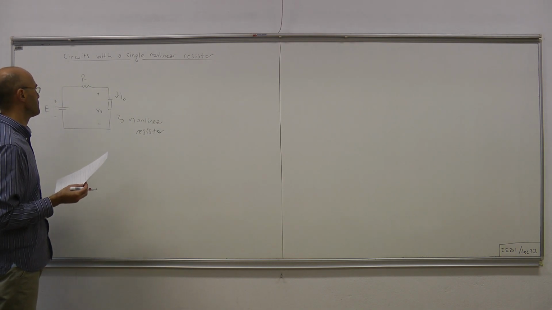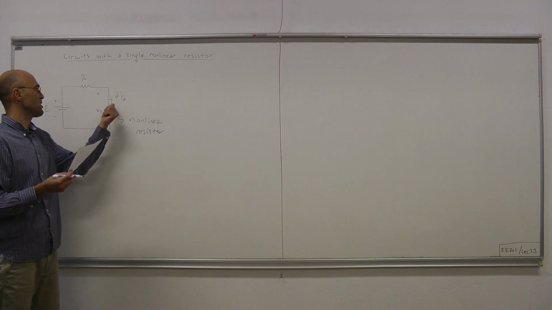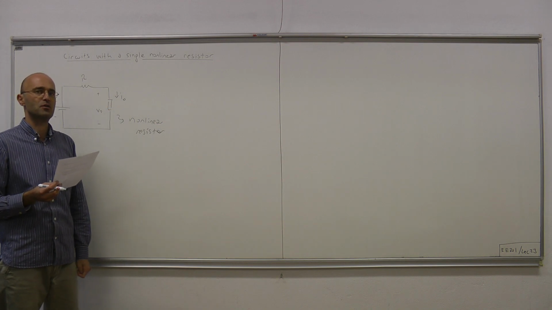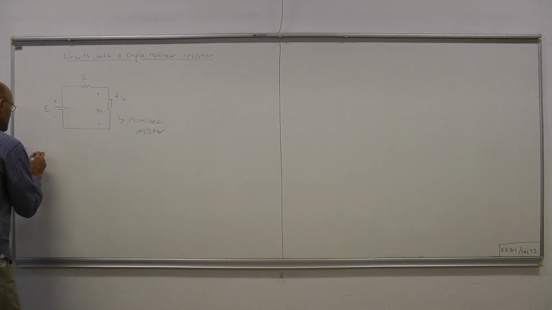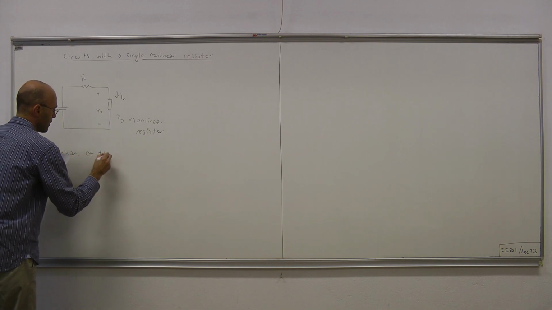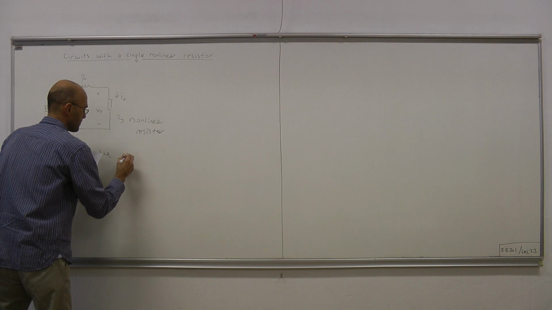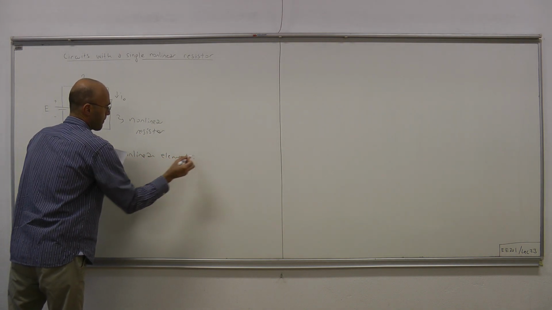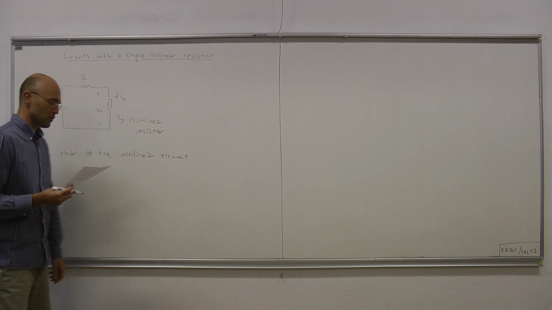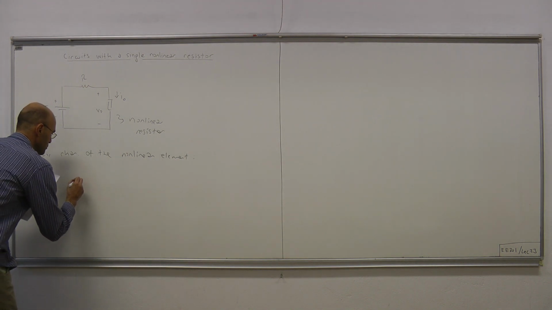Now, for that, of course, we need to know something about this nonlinear resistor. In other words, we need to know its terminal equations. So the IV characteristics of the nonlinear element is supposed to be known.